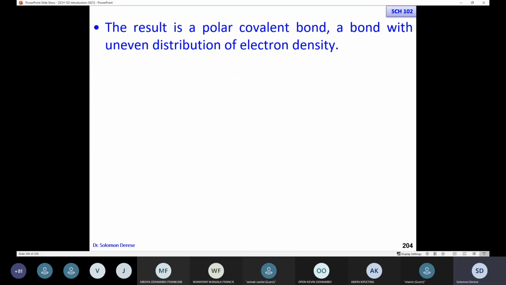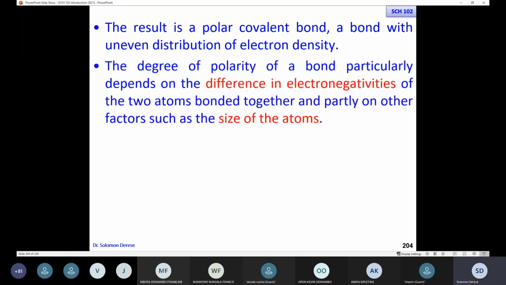So what results is a polar covalent bond, a bond with an uneven distribution of electron density. One of them will have a larger share of electrons than the other.